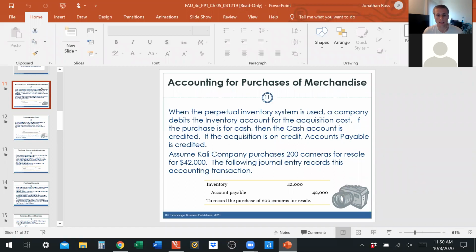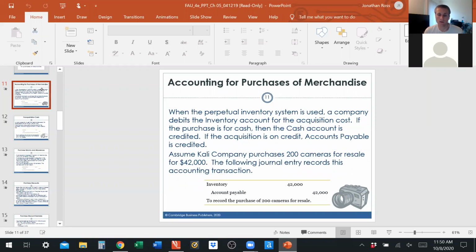If you recall, Kaylee purchased 200 cameras that they intended to resell later because they're a merchandising firm for $42,000. If the company uses the perpetual system, there's the journal entry on your screen. If they use the periodic system, remember they don't make any entries in the inventory account until the very end.